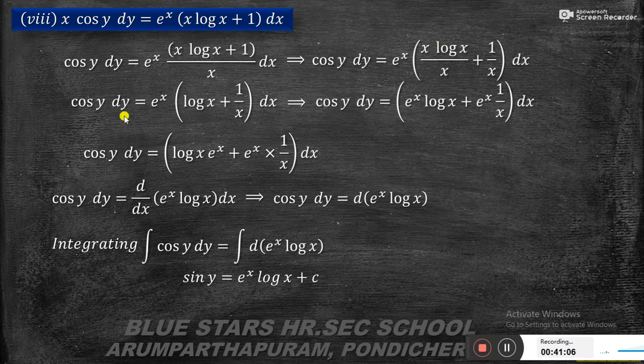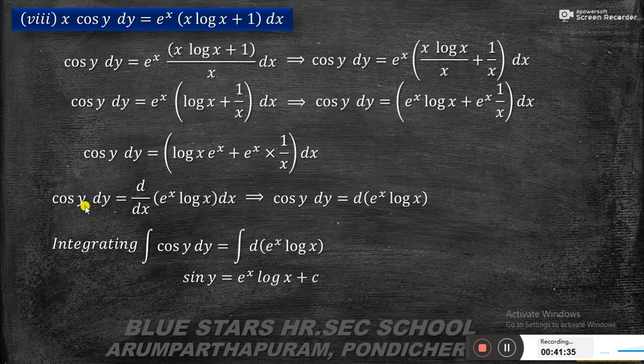So the next step, cos y dy equal to e power x, where x cancelled, into log x plus 1 by x into dx. Therefore cos y dy equal to, multiplying the e power x in, e power x log x plus e power x into 1 by x dx.